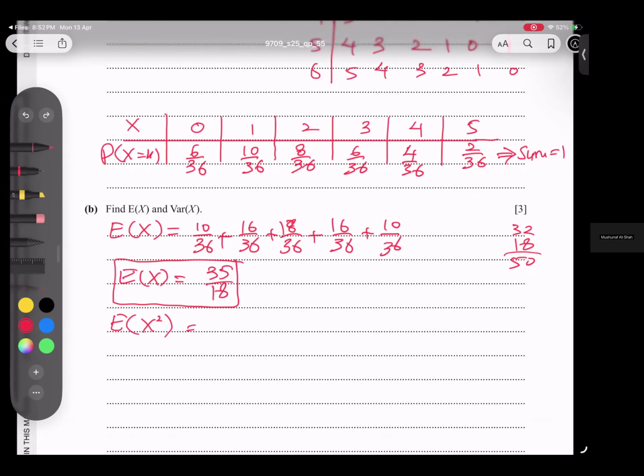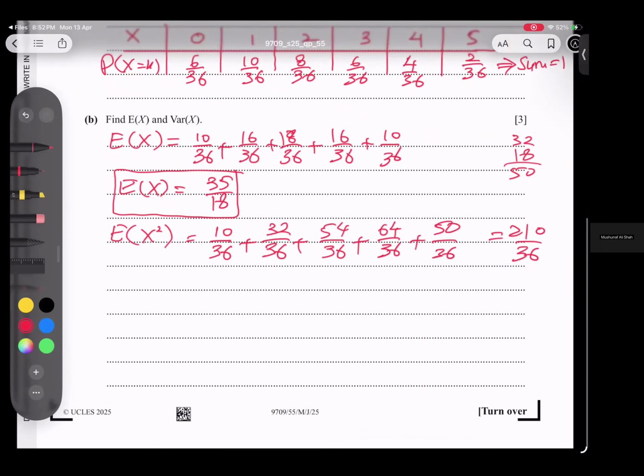So I'm doing first: 1 square, 10, 10 by 36. 2 square 4, 4 times 8 is 32. 3 square 9, 9 times 6 is 54. 4 square 16, 16 times 4 is 64. 5 square 25 into 2, 50. And if I add the numerators only, no need to waste time typing in full on the calculator, I get 210 by 36.